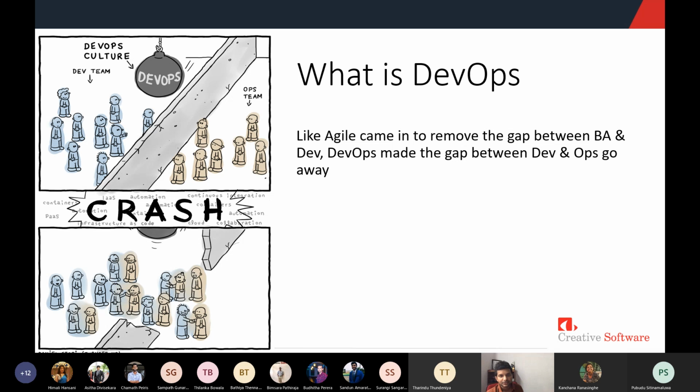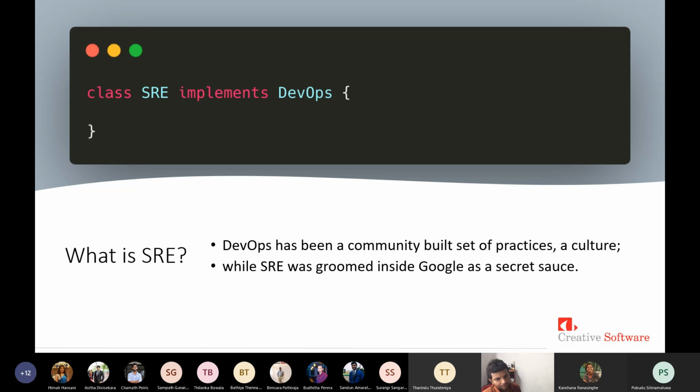Similarly, in developers and operations, we have this concept called DevOps. Now let's see where site reliability engineering comes into play. When we talk about DevOps, DevOps has been a community-built set of practices. So it's like a set of best practices. The DevOps concept has a proper structure on maintaining cloud infrastructure, how to properly maintain the CI/CD pipelines, the deployments, and how to monitor the systems.